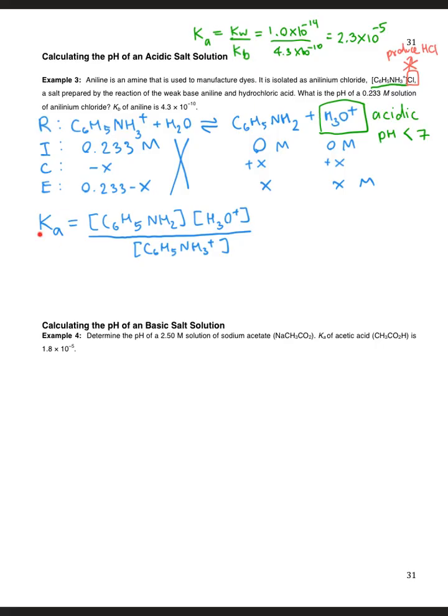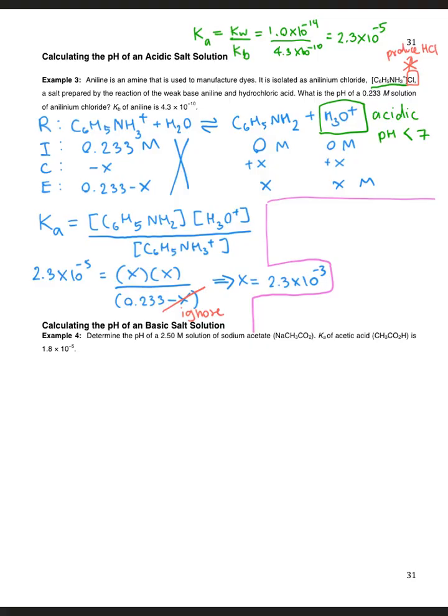Next, plug in the Ka value and the concentrations at equilibrium, and then solve for X. To avoid the quadratic equation, we are going to use the approximation that the change X in comparison to the initial concentration is going to be negligible. So we are going to ignore this negative X in comparison to 0.233. Next, solve for X squared and then take the square root to get the value of X.